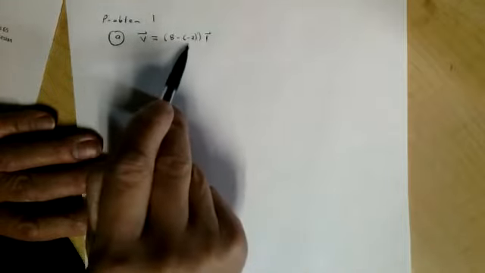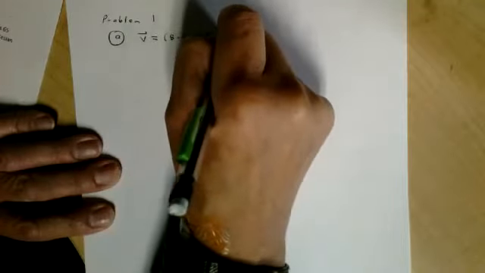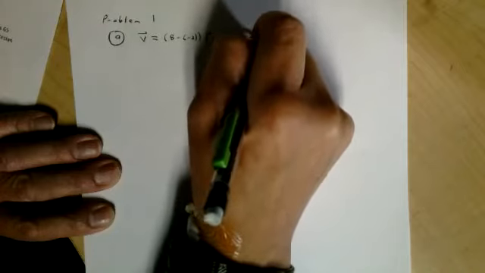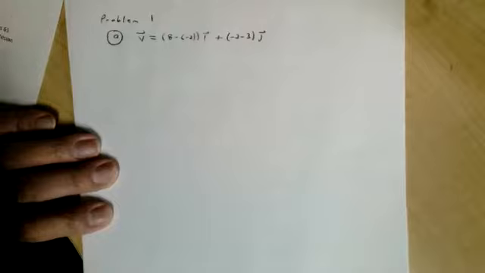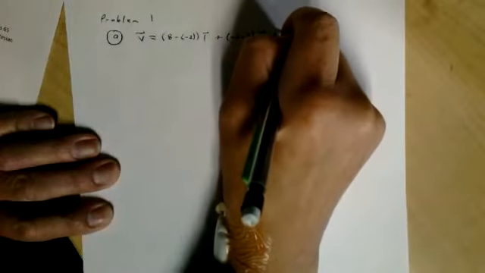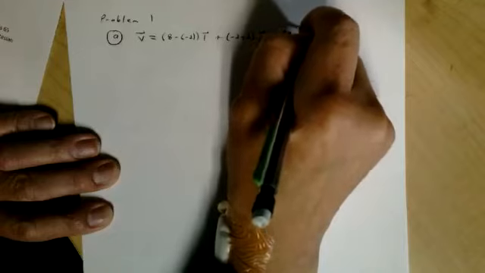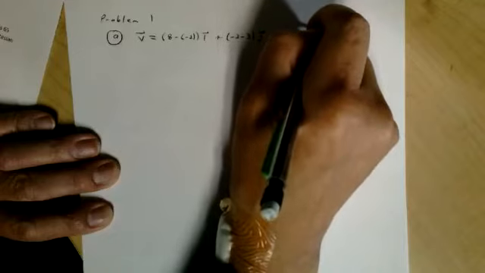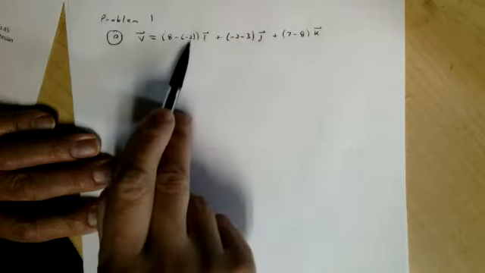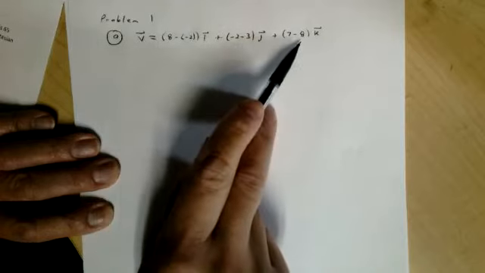So it's 8 minus 2, which is 6, then minus 2 minus 3, and then 7 minus 8.